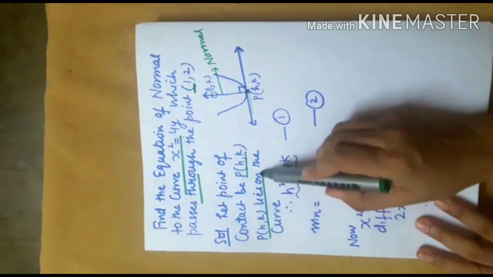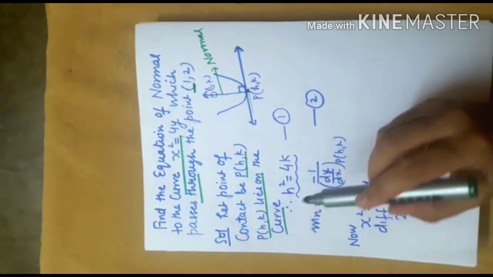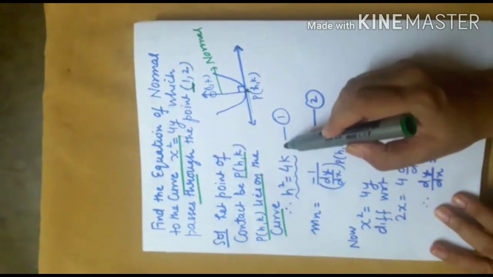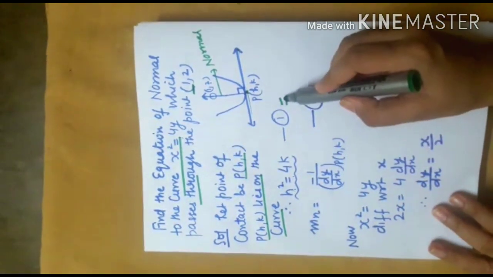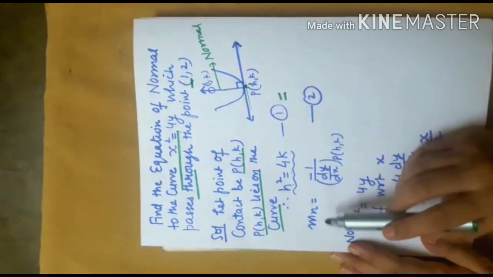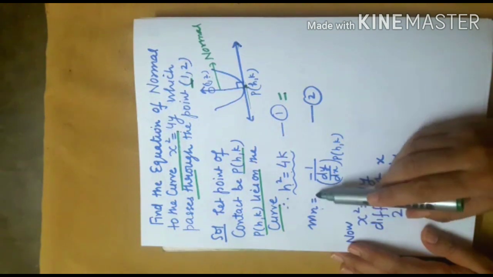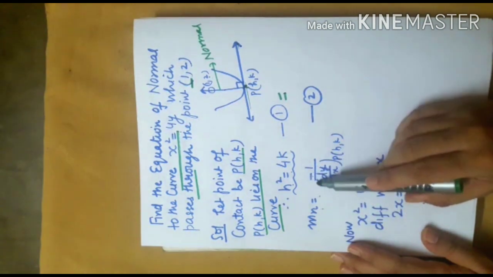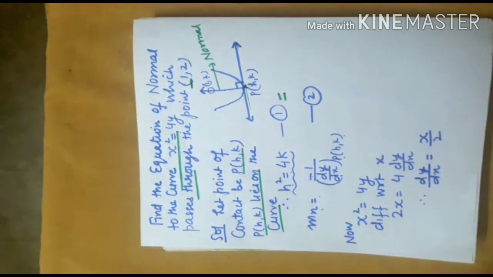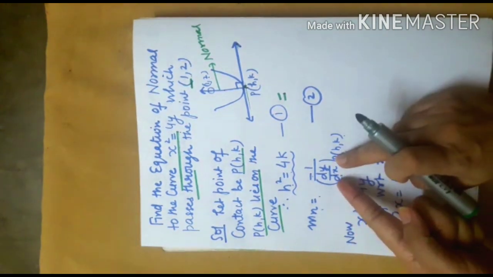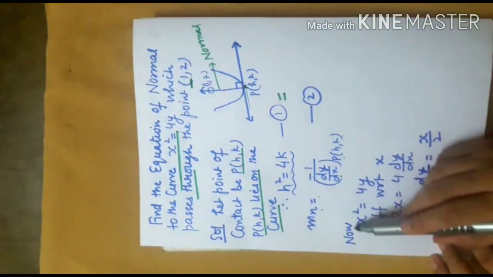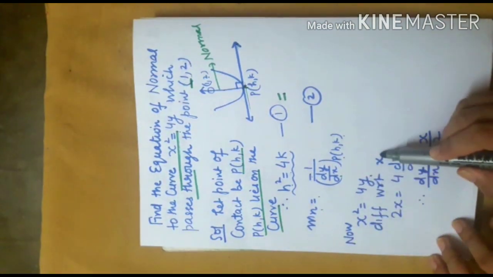Now P(h, k) lies on the curve. So it will satisfy the equation of the curve. So I'll get h square is equal to 4k. First equation. Right? We know that slope of the normal is equal to minus 1 over dy by dx at P(h, k). So I need to find out the value of the derivative. So I'll differentiate the equation of the curve with respect to x.